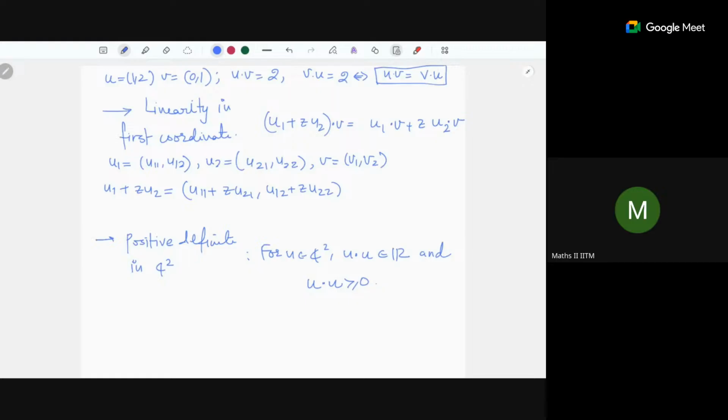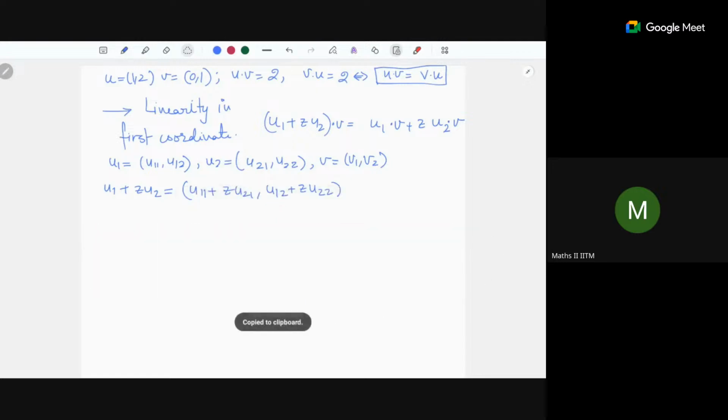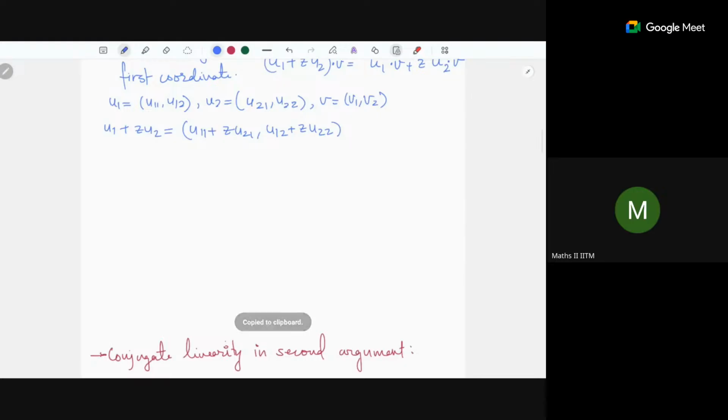And then you do the complex dot product. That means this whole quantity, (u11 plus z u21, u12 plus z u22), dot product with (v1, v2).